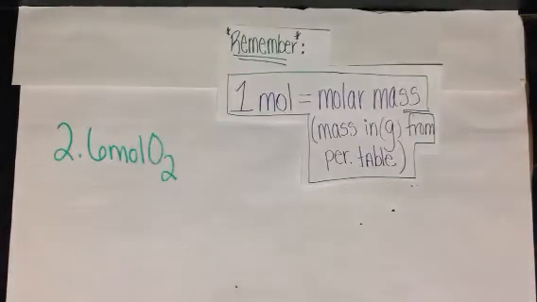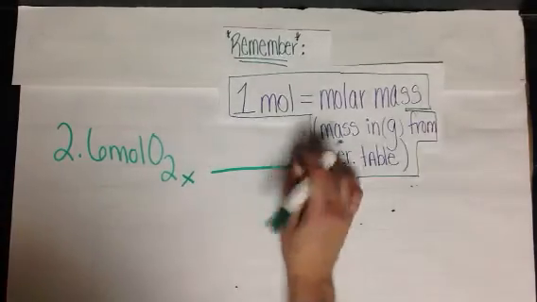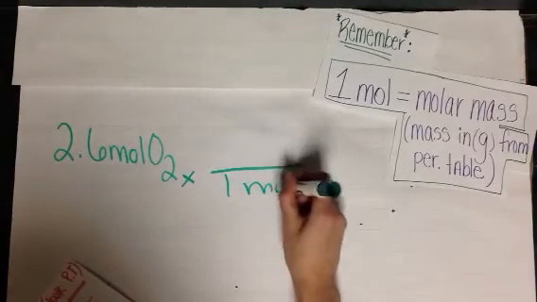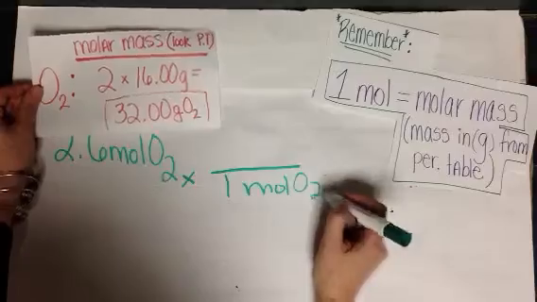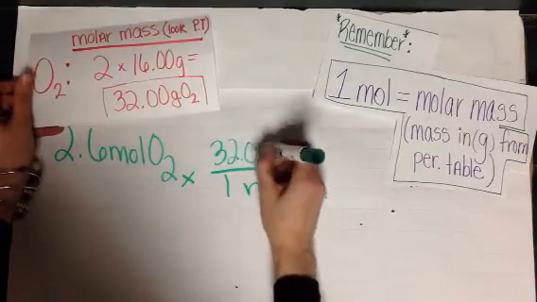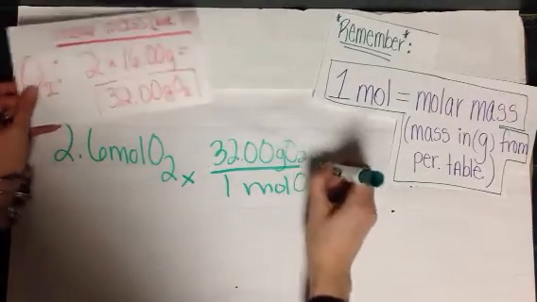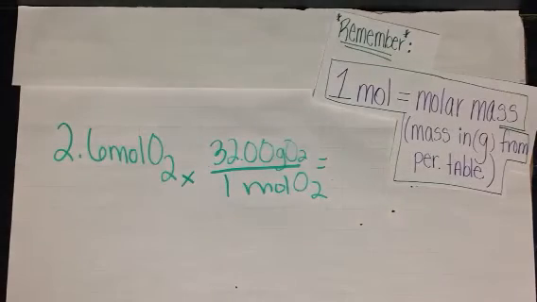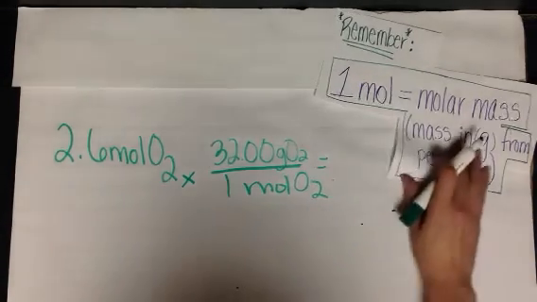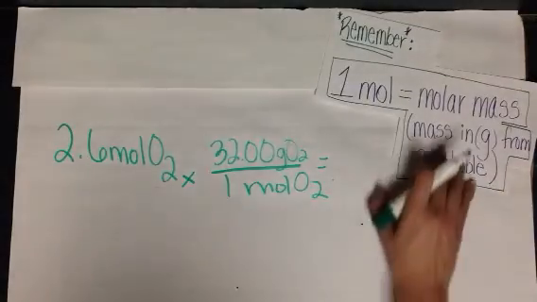So look what's coming back once again: 1 mole is equal to the molar mass in grams from the periodic table. I remember that 1 mole of oxygen, O2, has 32 grams of oxygen. So I'm going to take out my calculator and figure out 2.6 times 32 divided by 1, which is the same thing.